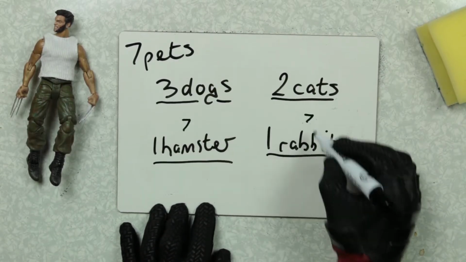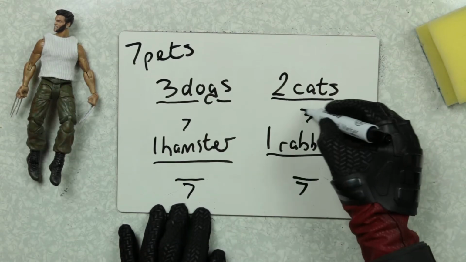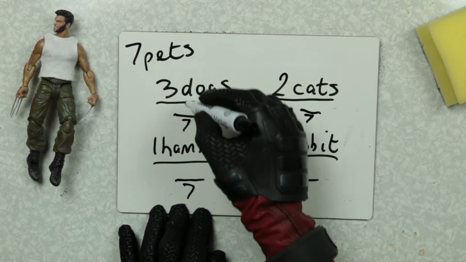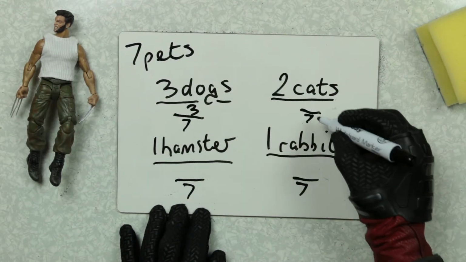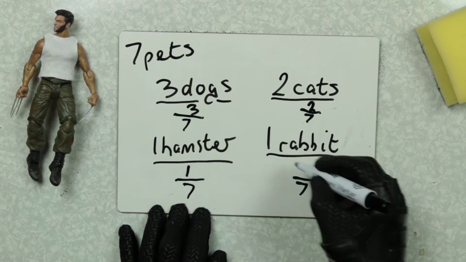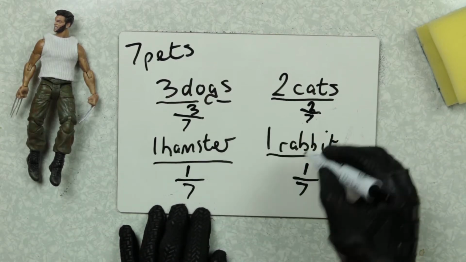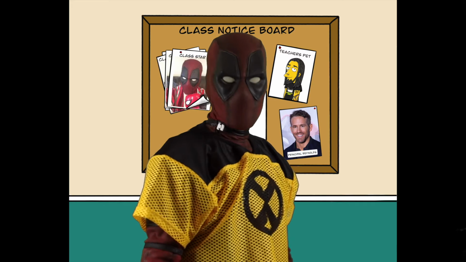So you have 7 pets, so each one of your denominators is going to be 7. 3 out of the 7 are dogs. So 3/7 of your pets are dogs. 2/7 of your pets are cats. 1/7 of your pets are hamsters and rabbits. So you have a lot of pets. Yep, and you're also going to have a house that stinks.